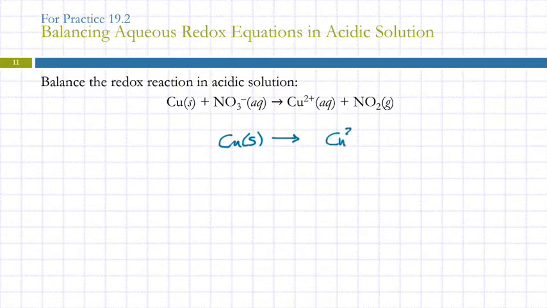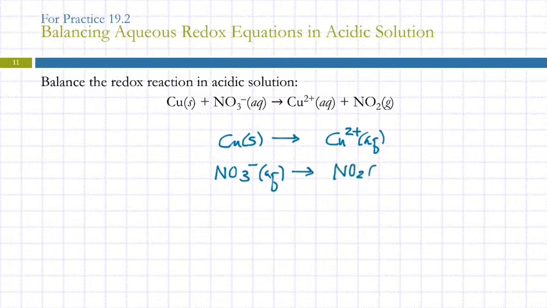Copper ion. And then the nitrate is going to turn into NO2. It was looking like an L to me. That's a G. Good, because NO2 is not a liquid.